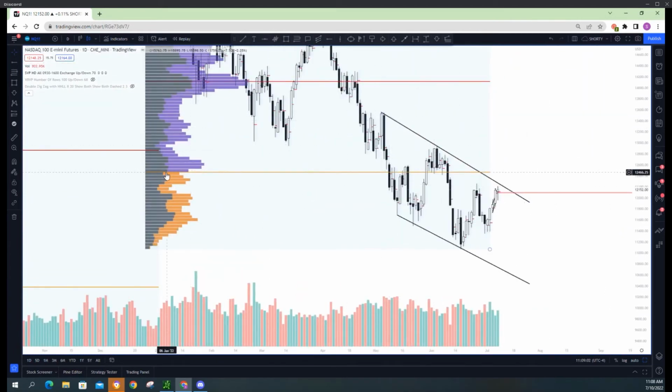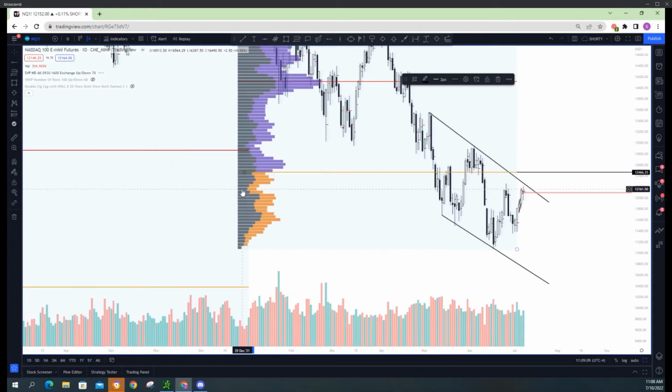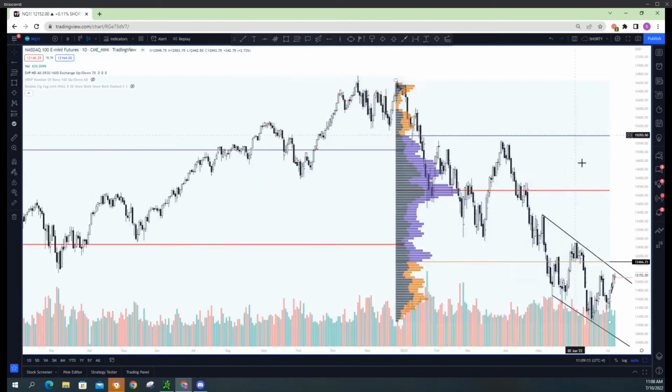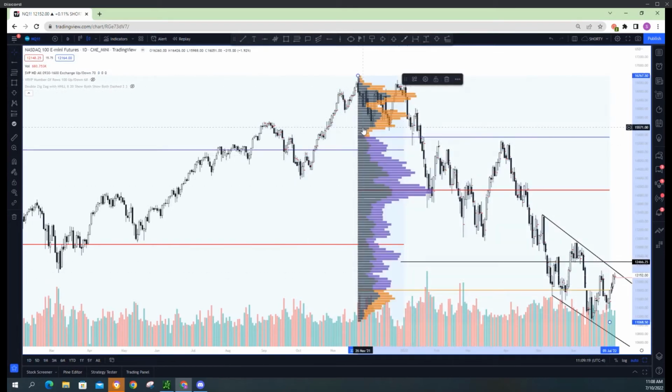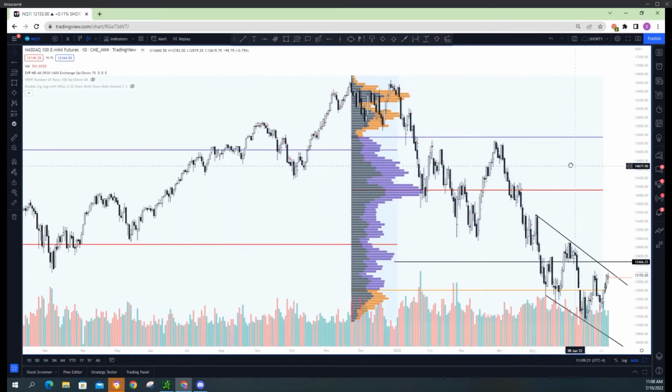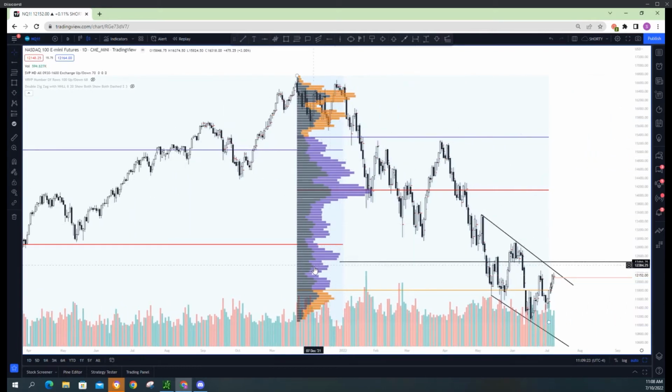We have the value area low right here at 12.5. So if we continue that run, this will probably be the potential target, because this is from December 21 that we grabbed this POC. So this is our sell-off, and you could even extend this to be here when we start a distribution, so that way you don't trick yourself. So now you have a level where we can figure out what's going on.